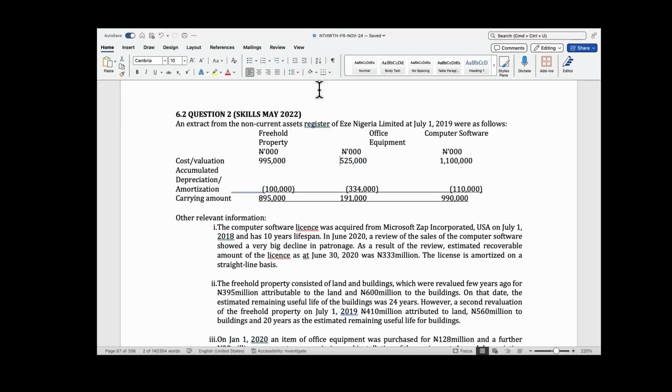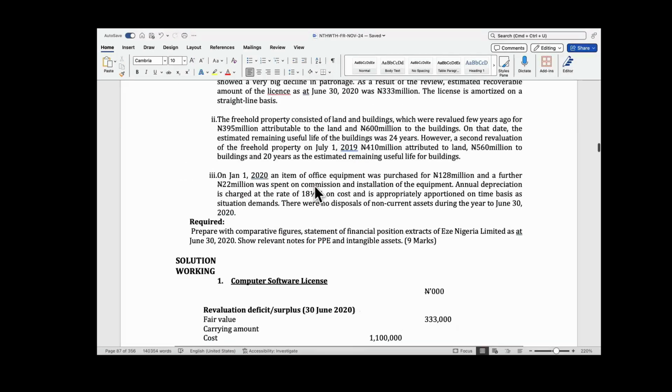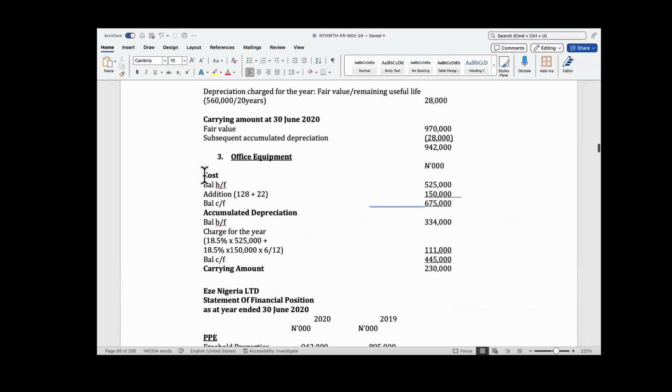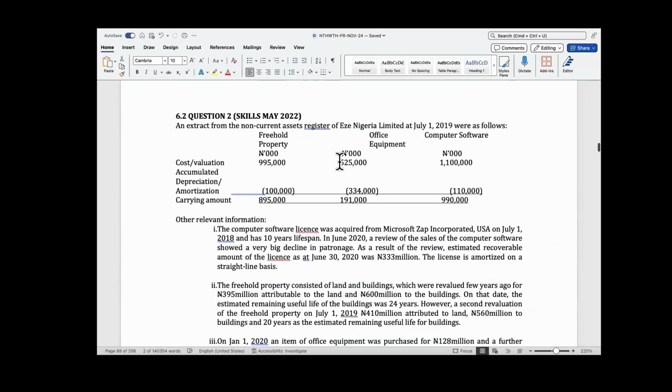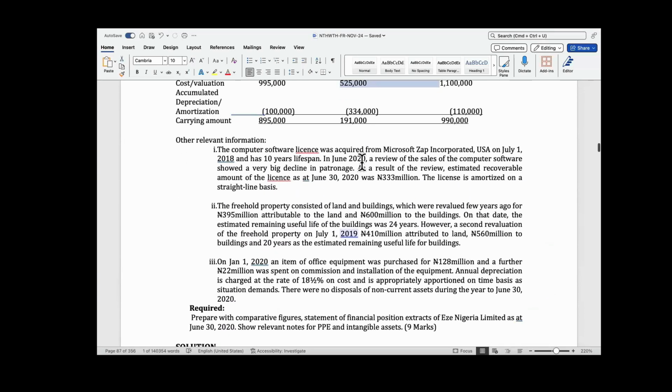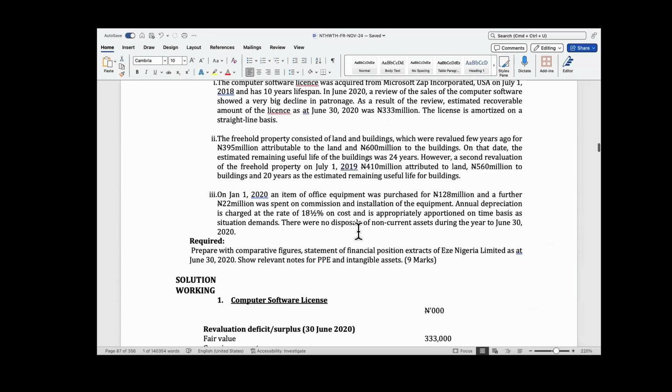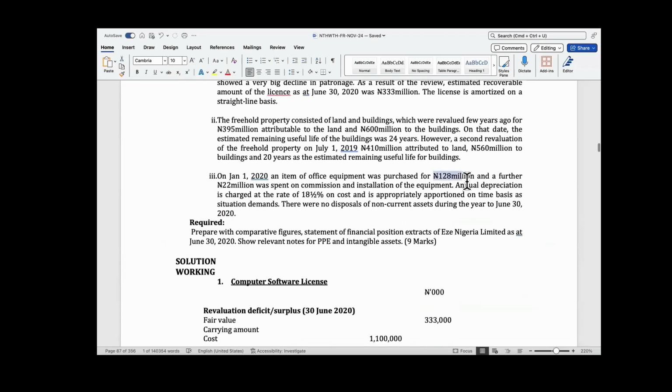So for the office equipment, to get my carrying amount, I would prepare my costs. At the beginning, the cost of the asset was 525, as shown to you in the schedule here. Then during the year, there were some additions, which is this 128.